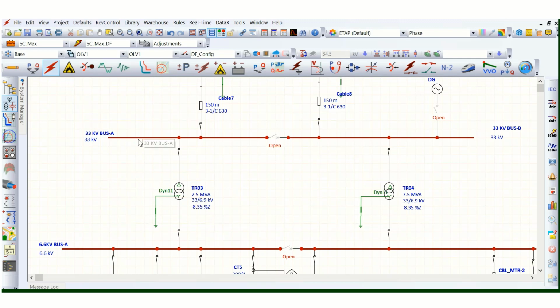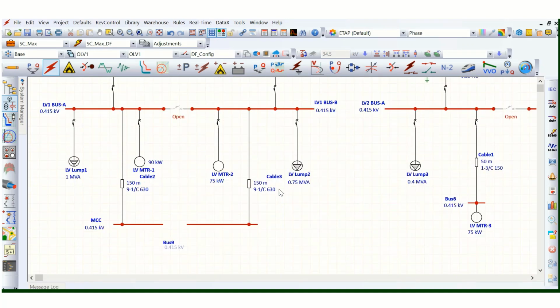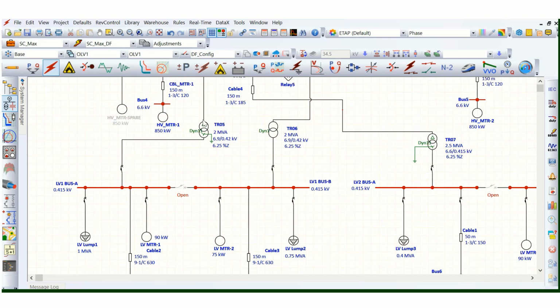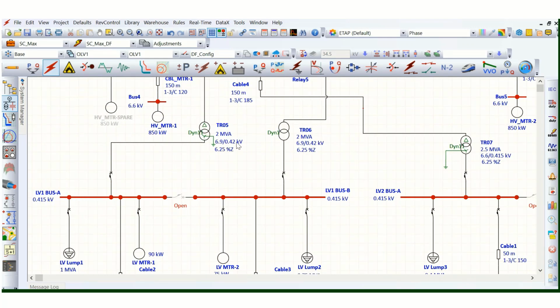Medium voltage system should be grounded with the help of resistance or reactance, and extra high voltage system should be grounded solidly or effectively. There should not be any resistance or impedance in between the neutral and ground.